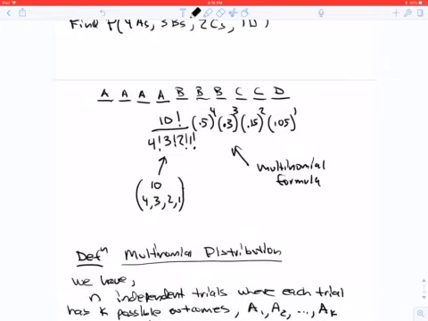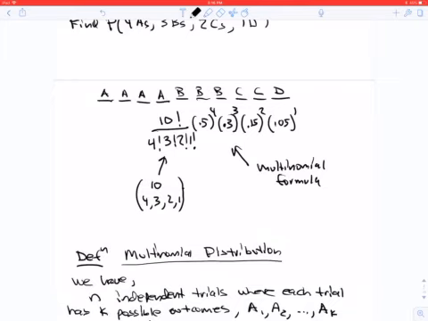So the probability of that happening is 0.5 to the fourth power times 0.3 cubed times 0.15 squared times 0.05 to the 1, because we have the multiplication rule and we have independence because we're drawing with replacement.